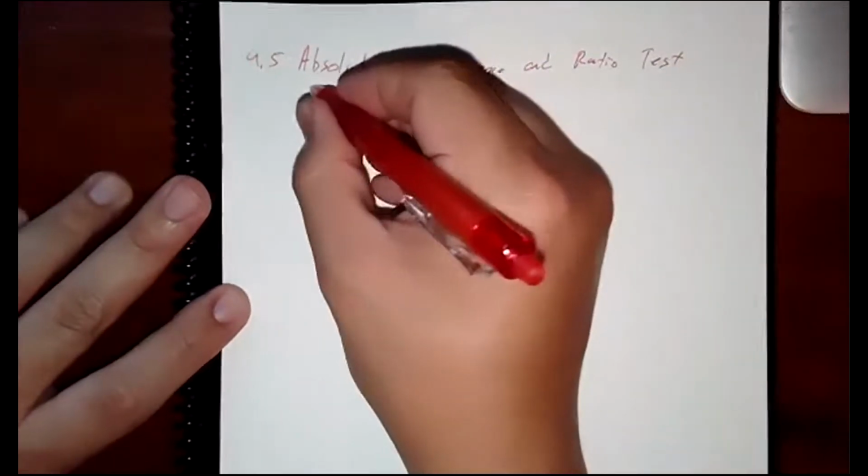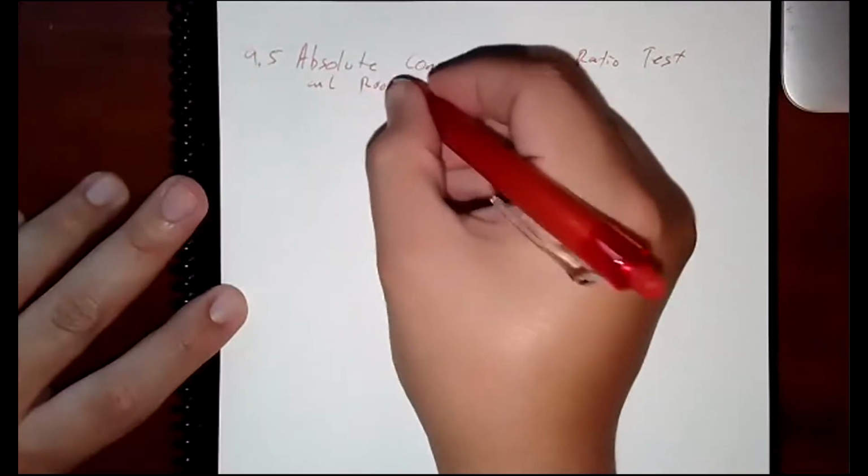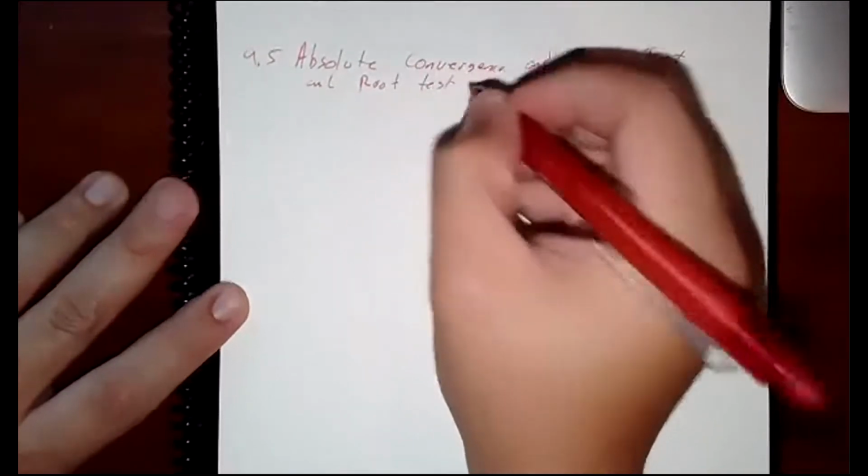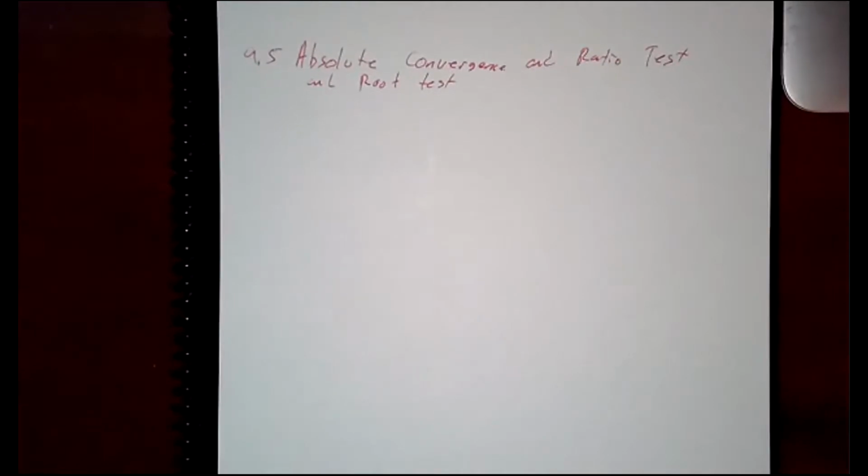Oh, also the root test, I forgot. So ratio and root were my favorite because they're pretty straightforward. 8.5 is not too bad.